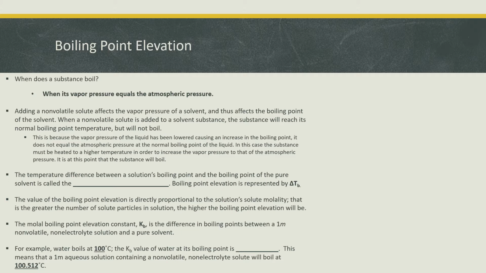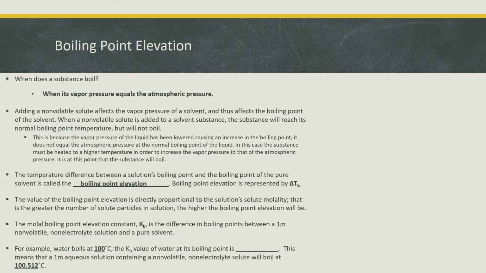When you add a non-volatile solute, it's going to affect the vapor pressure, and the reason for that is that it's going to lower that vapor pressure, causing it to have an increase in boiling point. Basically what happens is when you add that solute to it, it changes the vapor pressure, so now your vapor pressure no longer equals the atmospheric pressure, causing an increase in boiling point.